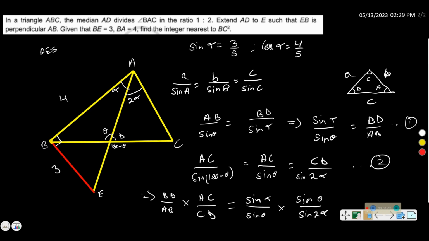Now we can say that BD equals CD, as AD is a median that divides BC in the ratio 1:1, and sine theta cancels sine theta.